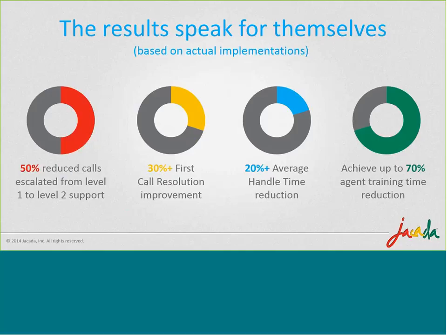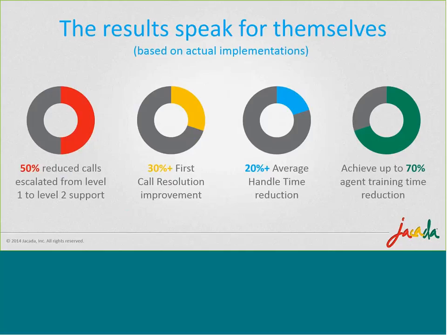So with agent scripting, we've implemented it at customers globally. These are the kind of results we see, and these are taken from actual implementations. First is the reduction in escalation of calls from level 1 to level 2 support.